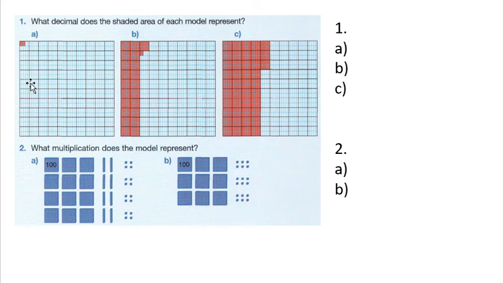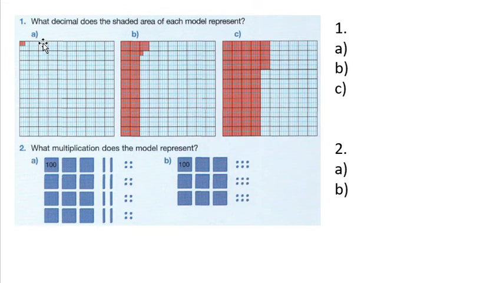So that would mean one strip would be 1/10. One of these small squares that is inside our large square would be 1/100th, or a hundredth, because I could fit 100 of these into my 1. I'm cutting them up into 100 smaller pieces.